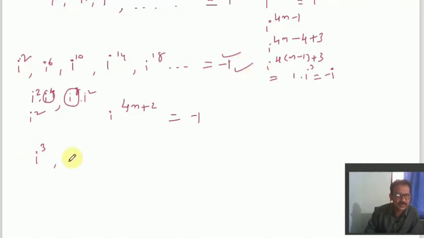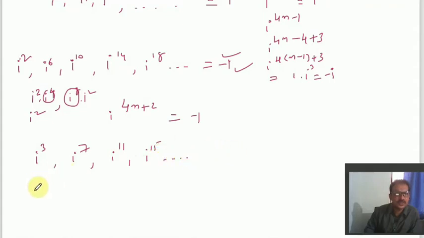Now i cube, i power 4 plus 3, which is i power 7, i power 8 plus 3 which is i power 11, i power 12 plus 3 which is i power 15, and so on.